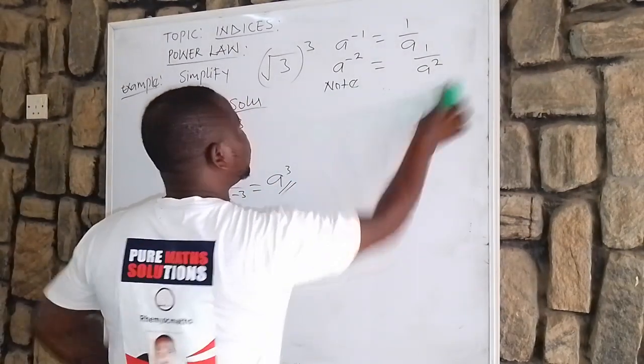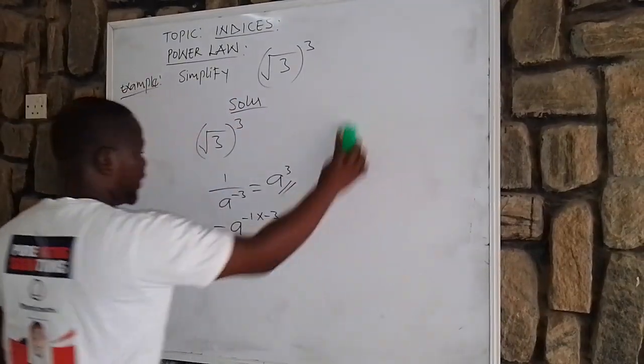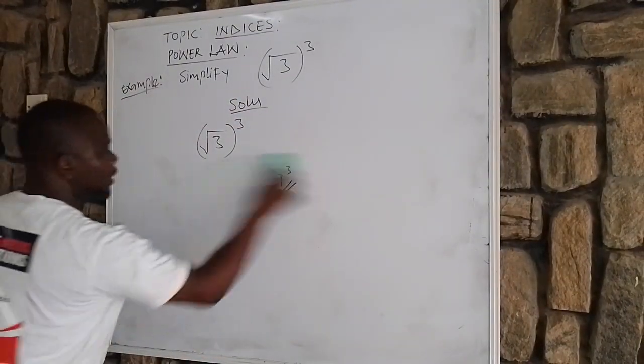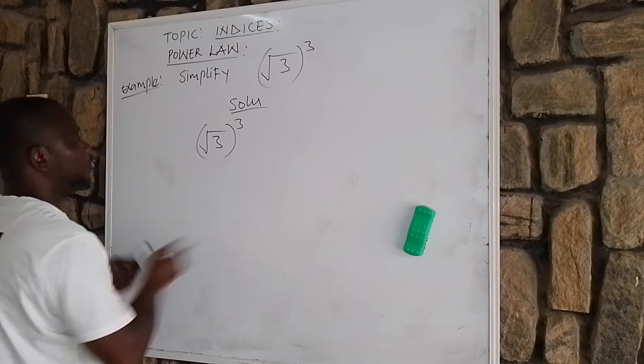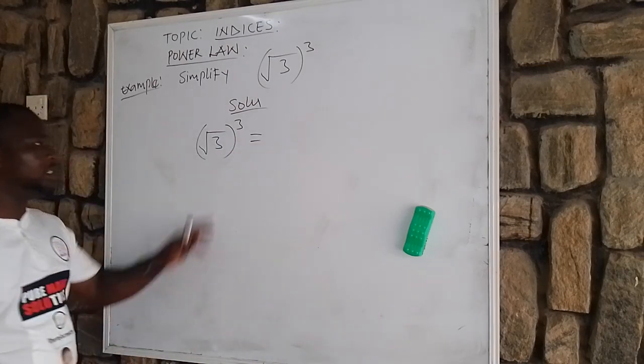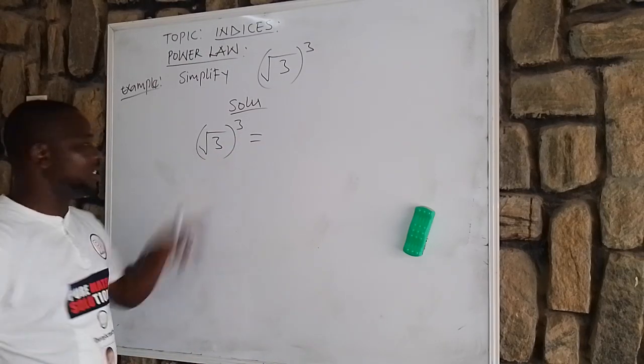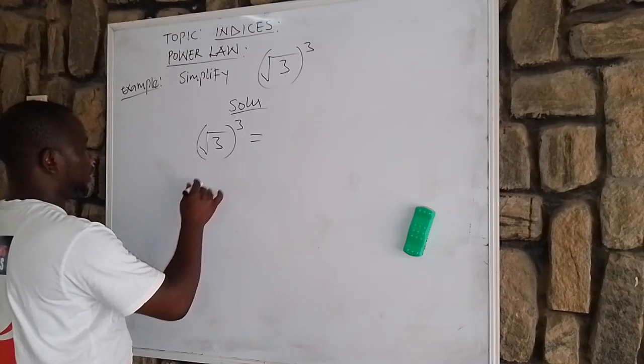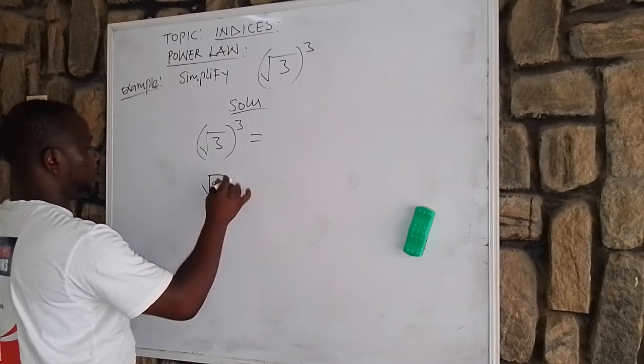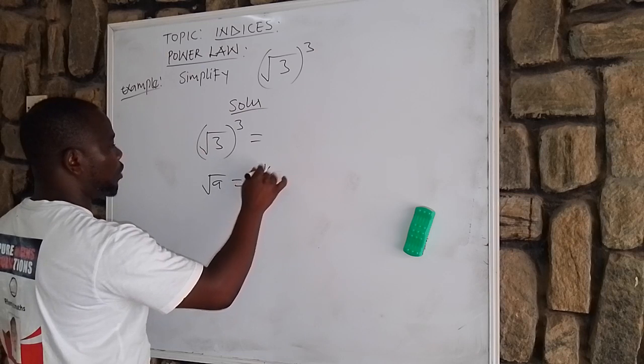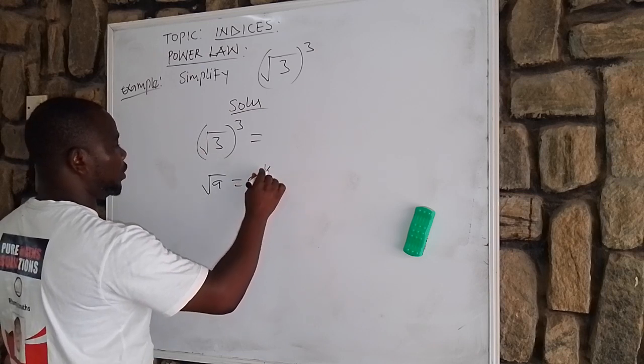Okay, so let's consider this. So now, how can we simplify this? It means we must transform this. I told you that the square root of a is the same as a raised to the power of 1 all over 2.